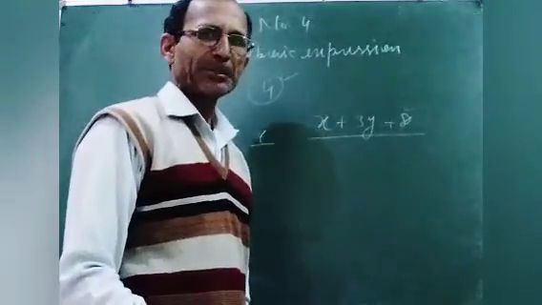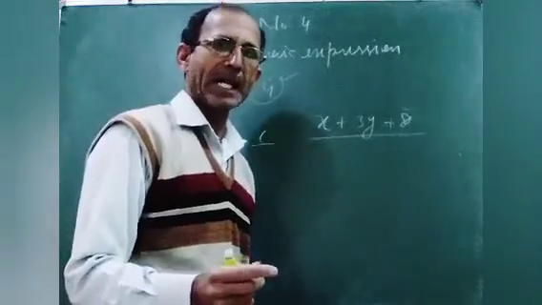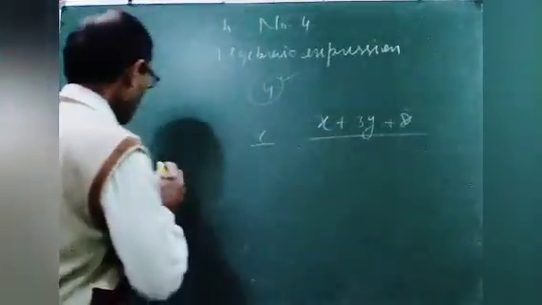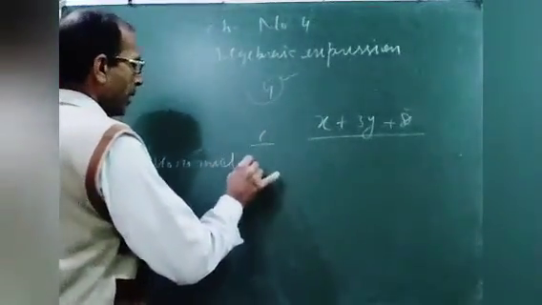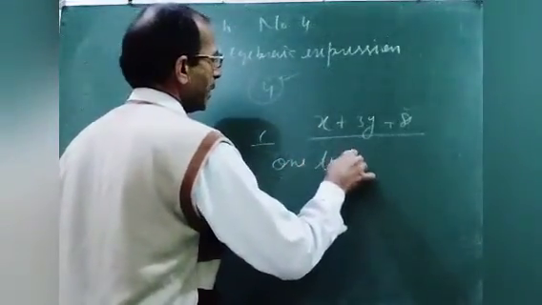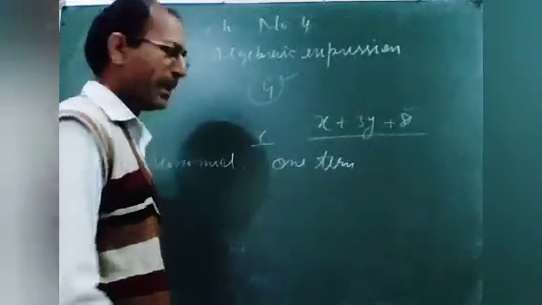Now after that, the types of algebraic expression. First is monomial, only one term. In brief I am explaining because you have already watched the video.